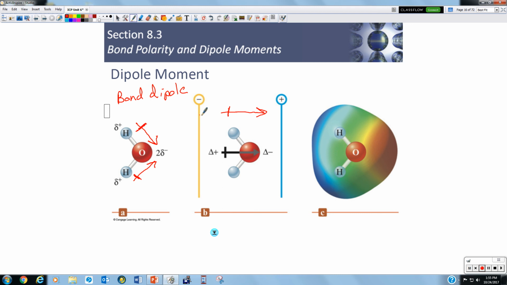And so we have an overall positive on this side and an overall negative on this side. So the overall dipole moment is going, the hydrogen side tends to be positive, the oxygen side tends to be negative. So this is an overall dipole.